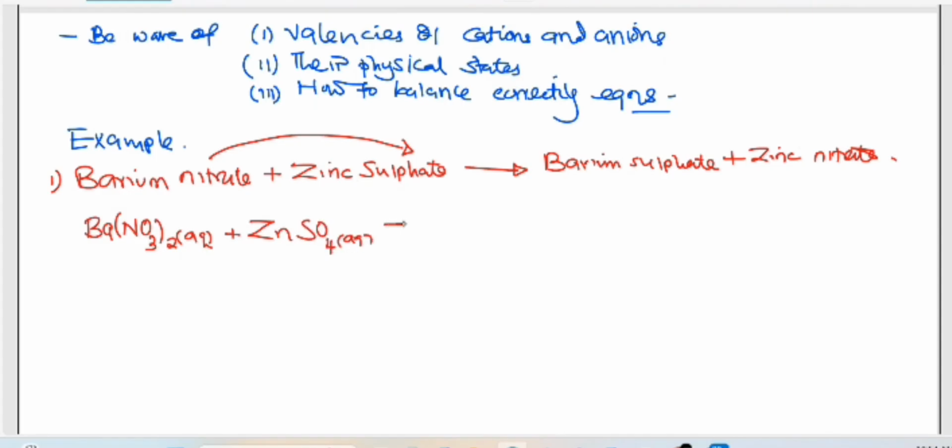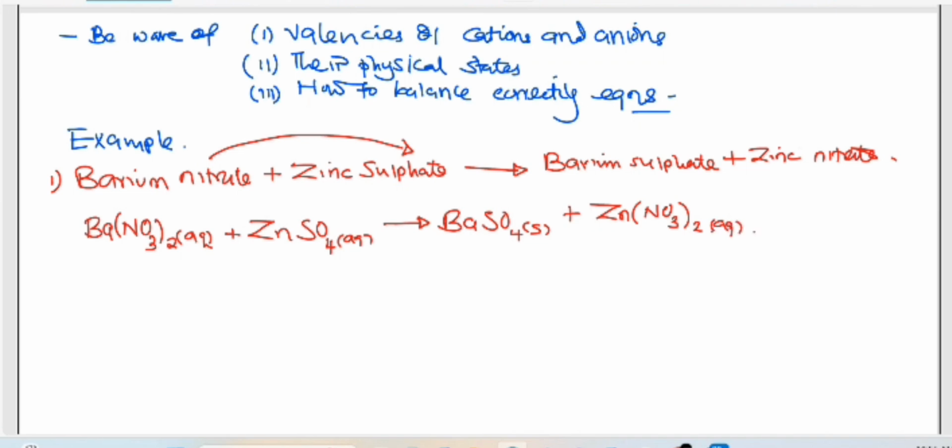This one is also still in aqueous state. Then we get barium sulfate like this. This one is in solid state because it's an insoluble salt. Then plus zinc nitrate. Zinc is valency 2, nitrate is valency 1. And this one will be in aqueous state.